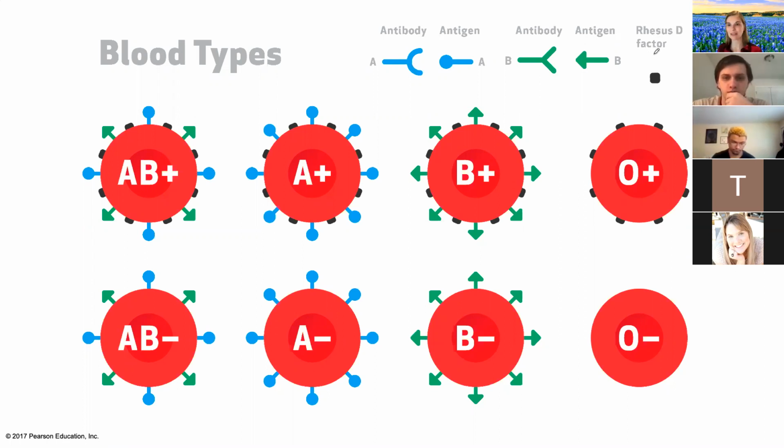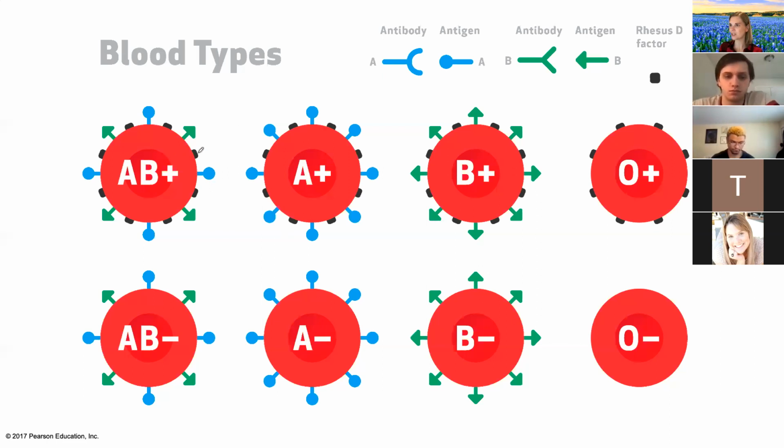It's very important that they know if they're positive or negative, because the body will get very violent, I guess, if you have a negative blood type and your fetus is positive. It will start making antibodies and attacking the blood cells and stuff in you, and that's not a good thing.